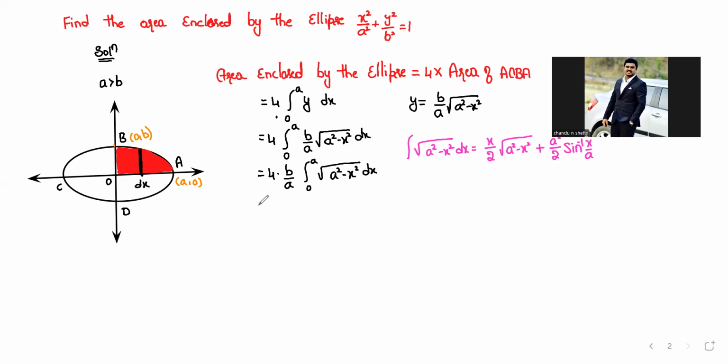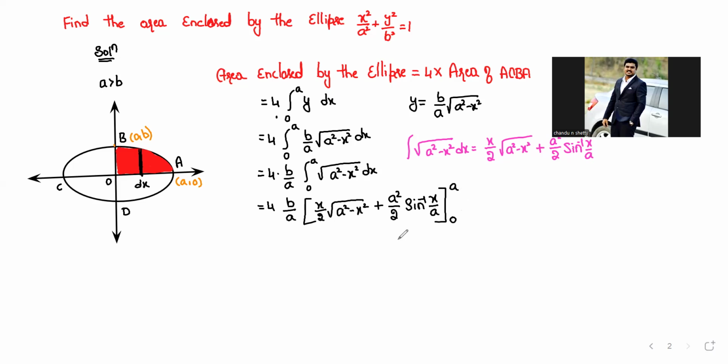So now 4 into b by a, and the upper limit is a and the lower limit is 0.